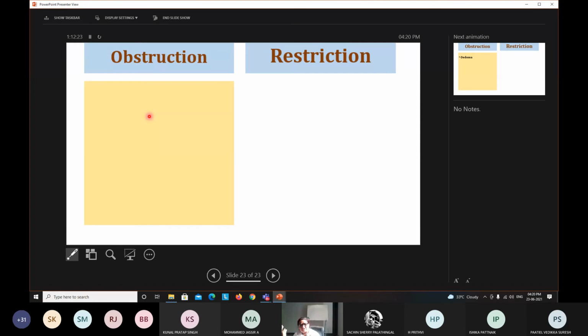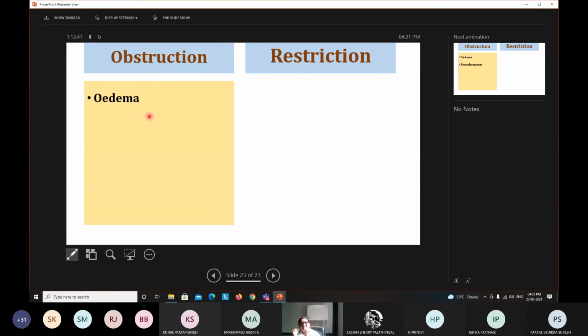Now, what are the causes for these obstructive lung diseases? Obstructive in the sense, it need not be something within the lungs. It can be outside the lungs. It can be in the heart, in the pericardium, in the skeletal system, or neurological factors.